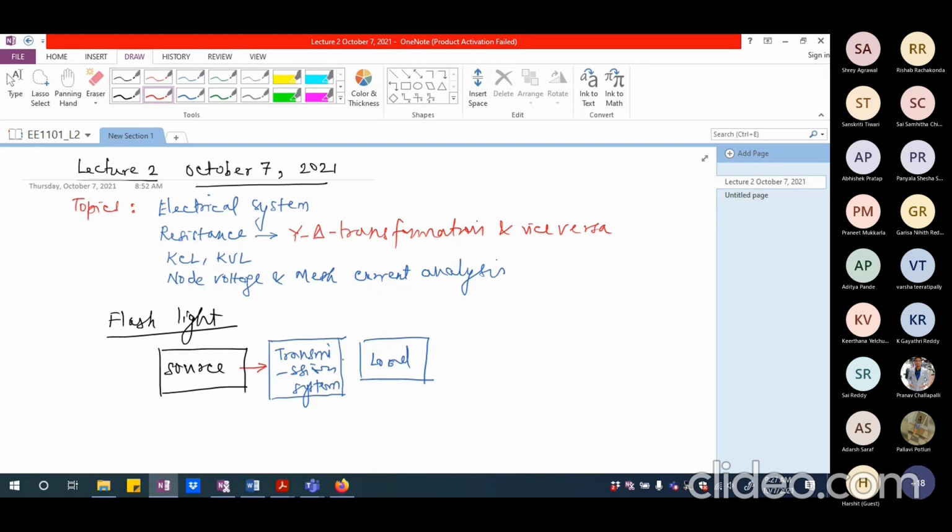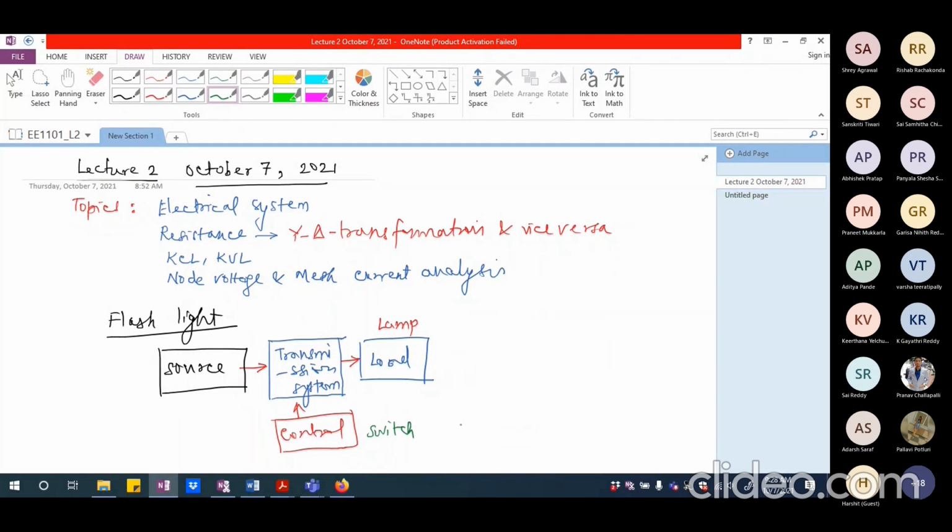But this is just a wire and it is going to connect it to the lamp load. This is the lamp load. And of course, there is a small control. The control is in the form of a switch. We can turn it on or we can turn it off. Either way is fine. So this control in this particular case happens to be a switch, nothing better than that.